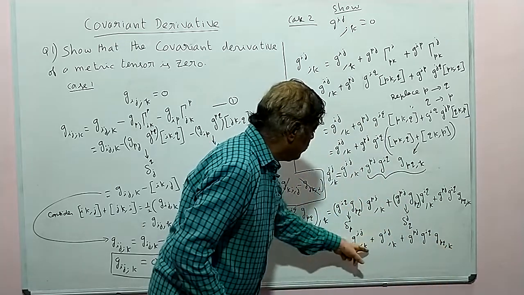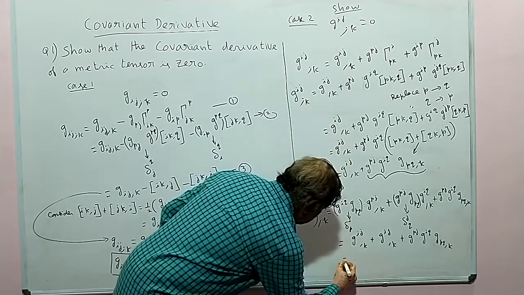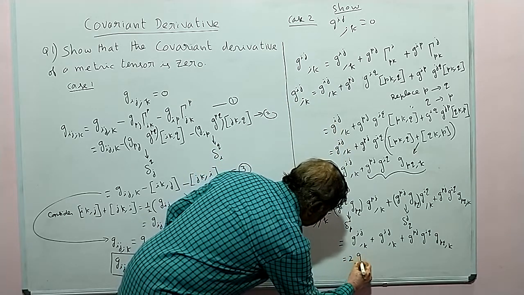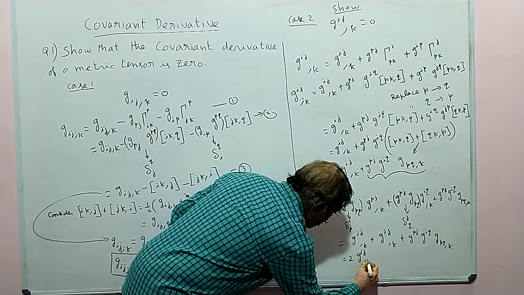So this is equal to 2 times this expression, 2 times g ij,k.